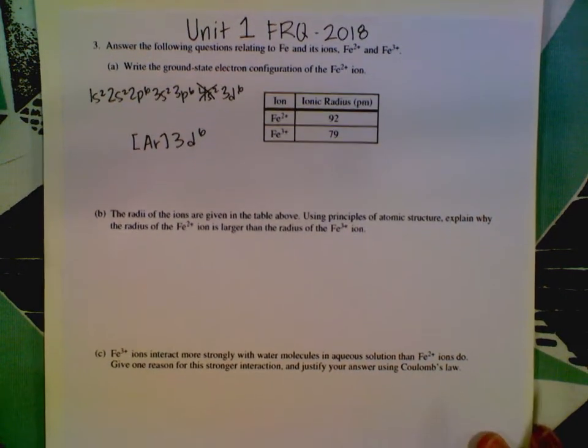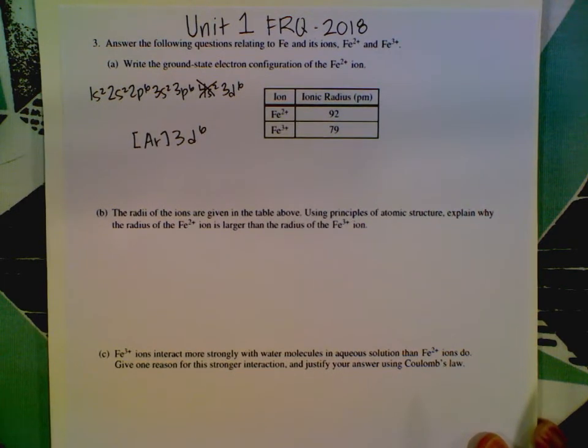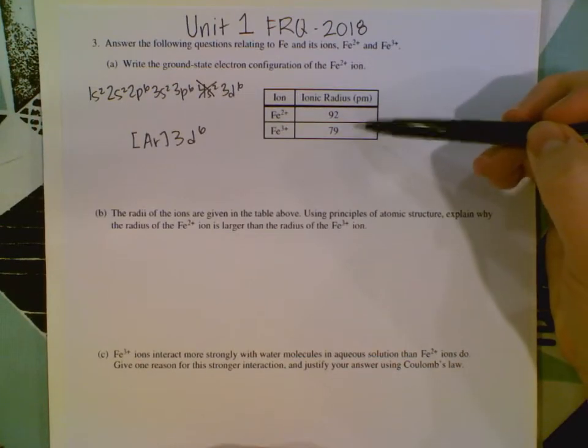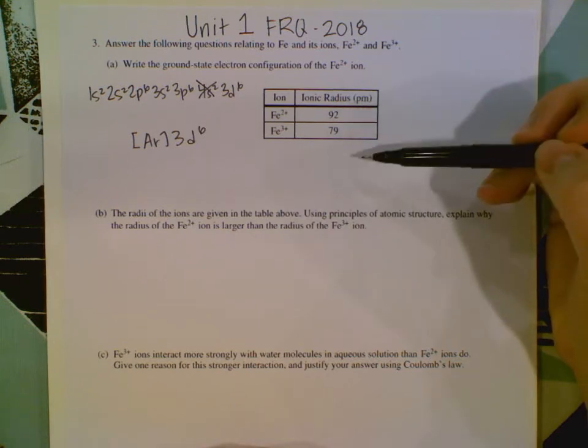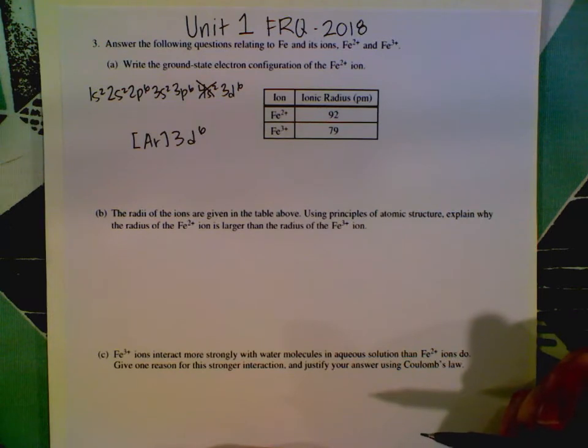Okay, B. The radii of the ions are given in the table above. Using principles of atomic structure, explain why the radius of the Fe2+ ion is larger than the radius of the Fe3+ ion. So if you look in the data table that's given to you, they refer to the size of the radius. PM is picometers, 92 picometers for Fe2+, and 79 picometers for Fe3+.